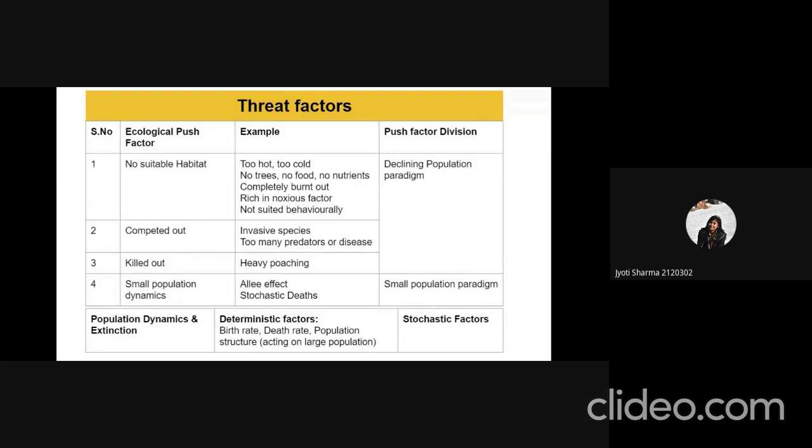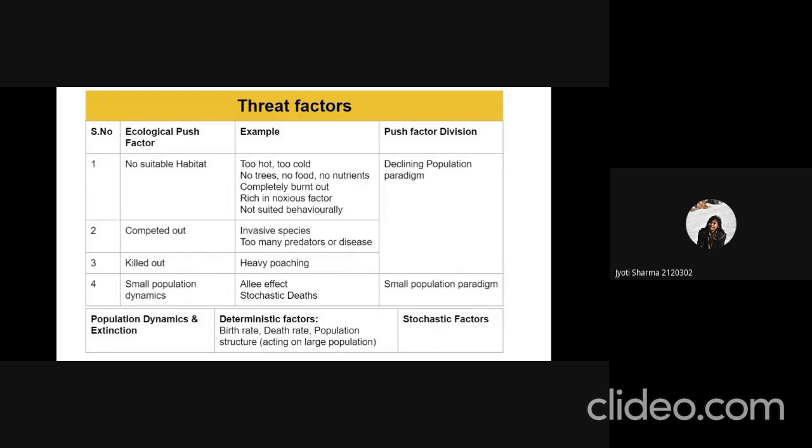Suppose we have 50,000 individuals in a population, it may happen that it reduces to 20 or 30,000. So whenever a large population reduces to a smaller population, we are talking about the declining population paradigm.